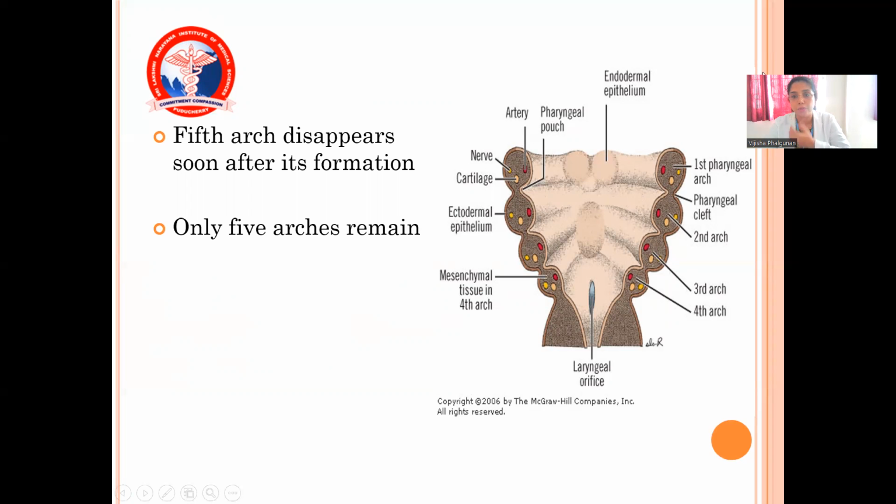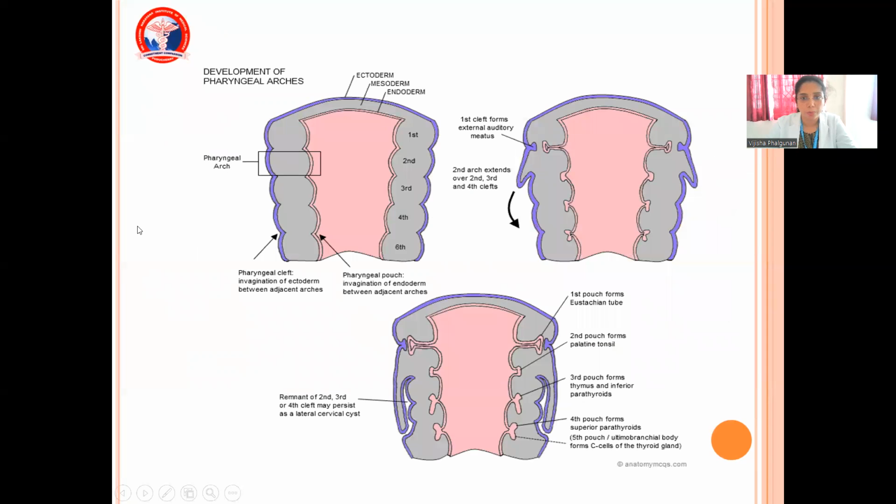At the center, you have the floor of the mouth, the foregut. So first arch, second arch, third arch, fourth arch, and then the 6th arch. What happened to the 5th one? Read here, the fifth arch disappears soon after its formation. This was the diagram I was mentioning. It's the same picture there.